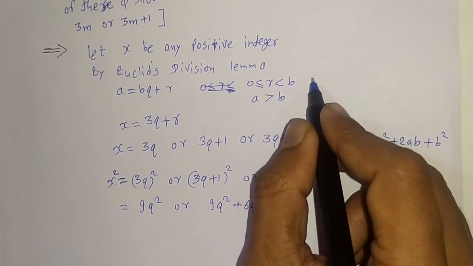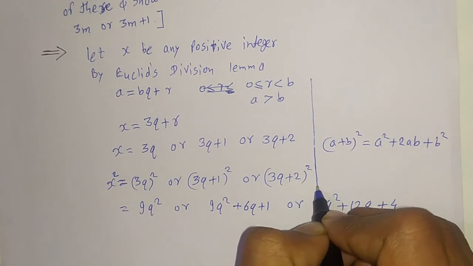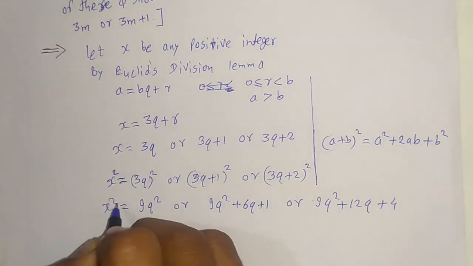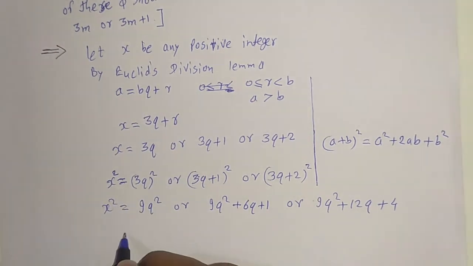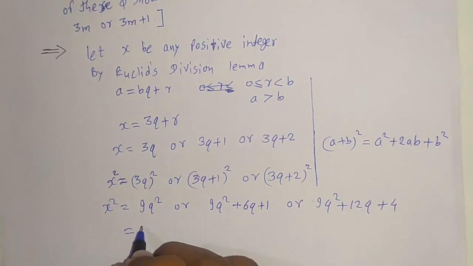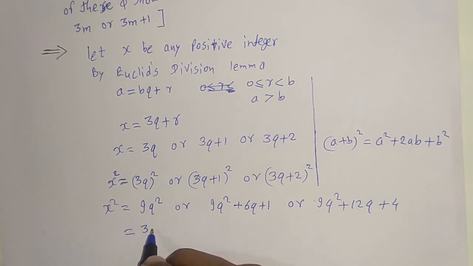This is not part of the solution. I have written the generalized formula here only. So the value of x square can be of these three forms. So let's just generalize this equation. If we take 3 out of 9q square, it will be 3 into 3q square.